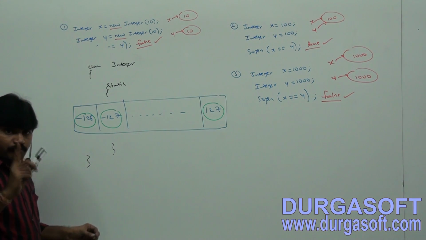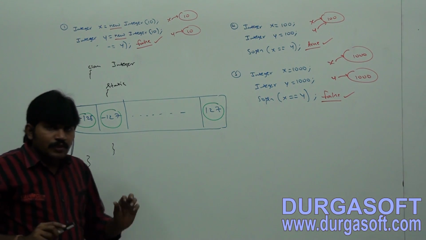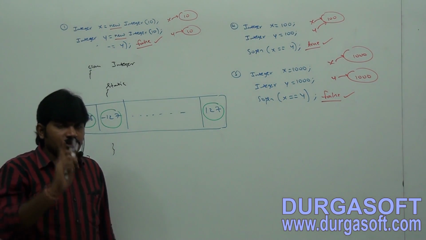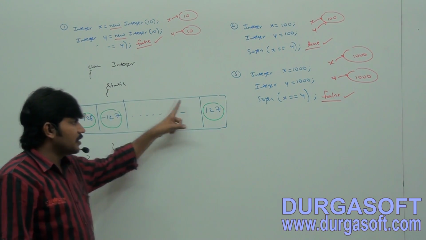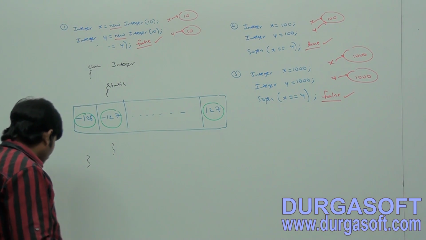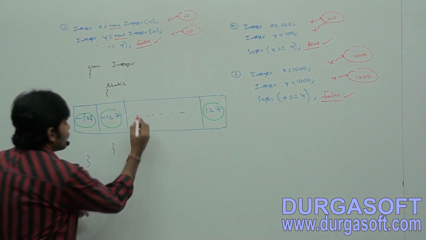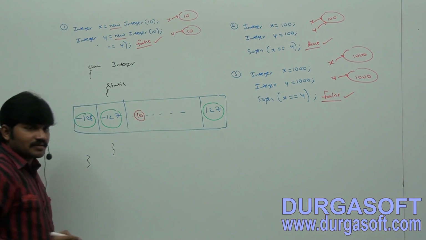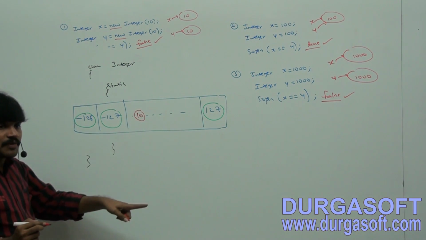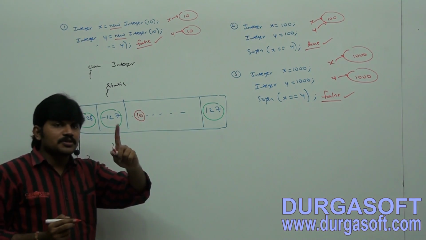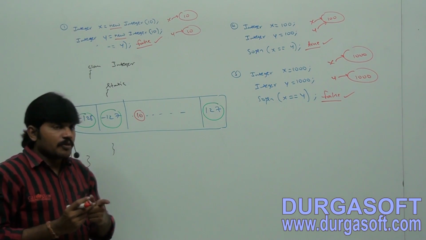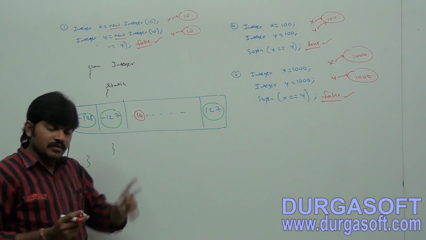By autoboxing, if an object is required, first the JVM will check whether it is available in the buffer or not. Assume object 10: is it available in the buffer? Yes.